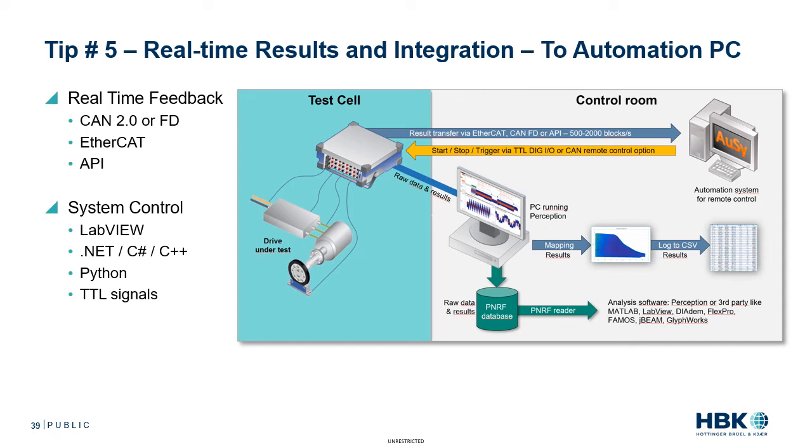Communication is done between the automation system and the power analyzer in the test cell through LabVIEW or .NET, C#, C++, Python, or even TTL signals. So you want to be sure your power analyzer offers a variety of communication methods and control options for seamless integration.